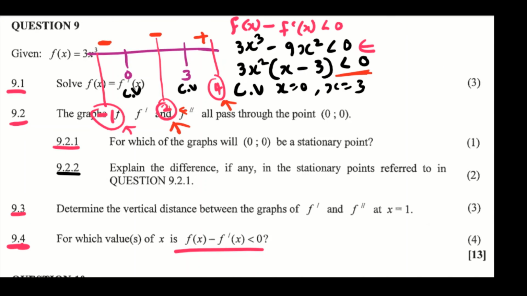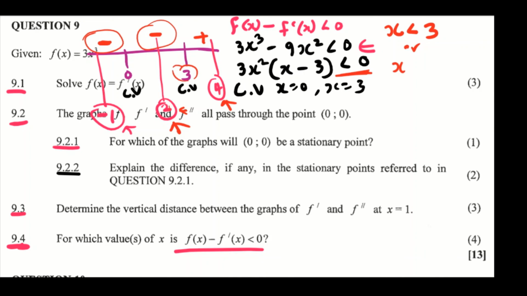So your solutions of x can be as follows. You can say x is less than 3, right? I'm talking about these 3. So I'm using the critical value to interpret that when x is less than 3, we're having a negative solution of y, which is exactly what we're looking for. I think x less than 3 already includes this portion here, right?